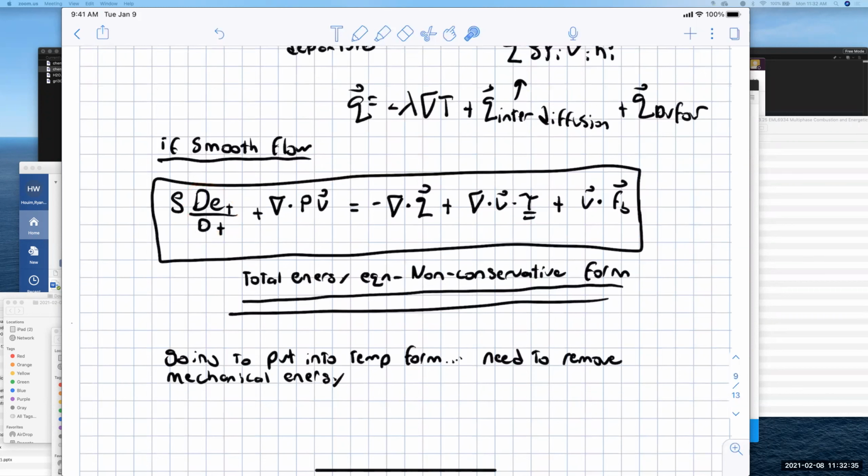So we'll briefly go through those, and then we will discuss boundary conditions at material interfaces, like at the surface of a metal particle. How do you handle changes in quantities across that interface? And then after we do that, we will be ready to start discussing propellant combustion. Okay, any questions?